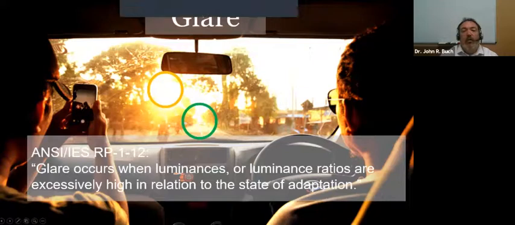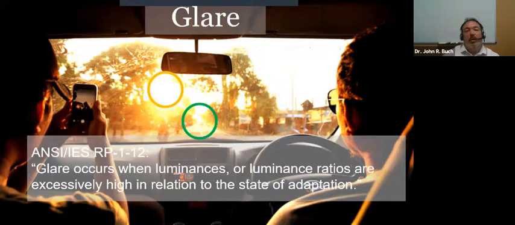If you have a very large glare source, that matters as well. But when the glare source tends to be off to the side, it just tends to be more annoying or uncomfortable to your vision. But again, when the glare source gets closer to the center, that's when it starts to impact what we're trying to do. It starts to disable some of our vision.